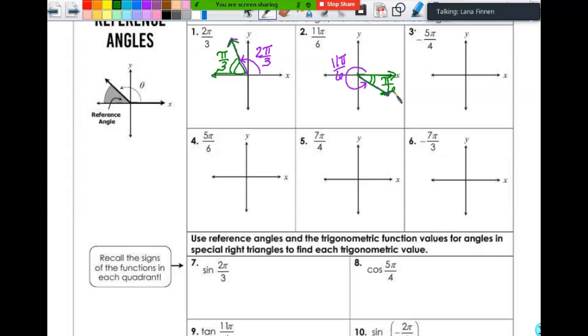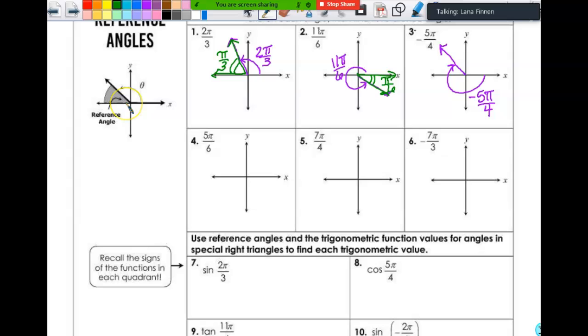Okay, negative 5 pi fourths. What quadrant is that in? Second. Okay, so it's negative, so I have to go clockwise. If I go to pi, that's 4 pi fourths, and then I have to go 1 more, so that's what puts me in the second quadrant. So this is negative 5 pi fourths.